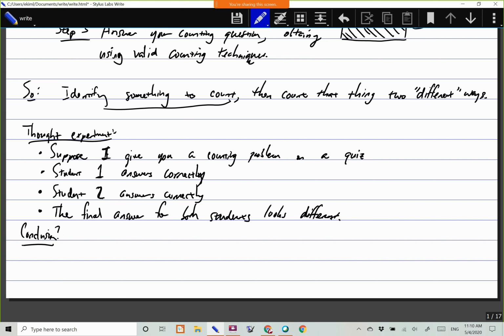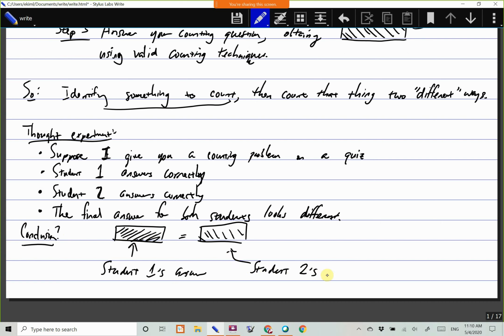Then the conclusion really ought to be that what one student answered and what the other student answered are equal, right? So this might be student one's answer. And this would be student two's answer.